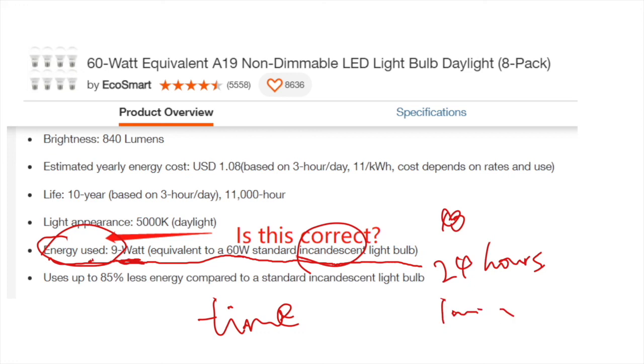So which uses more energy? I didn't do the calculation, but without time, we cannot talk about energy. Energy not only considers power, but also considers time, the operation time.